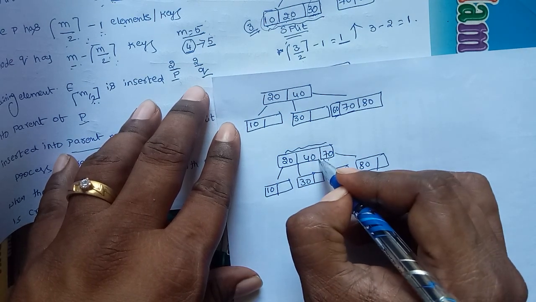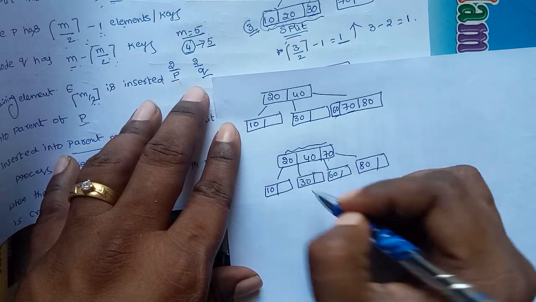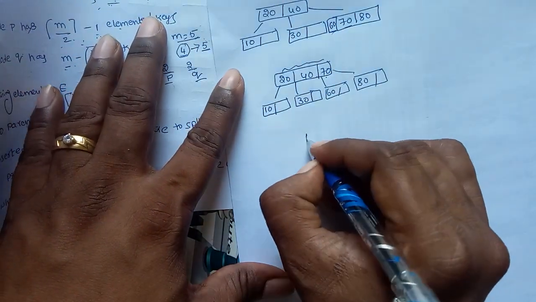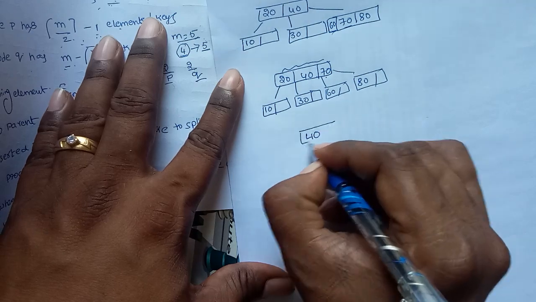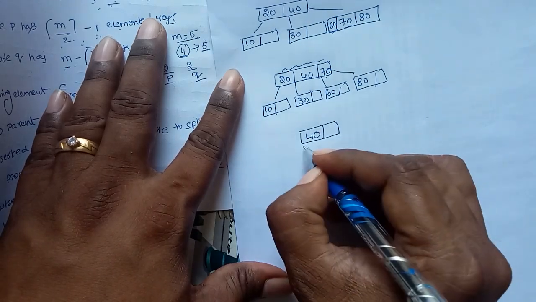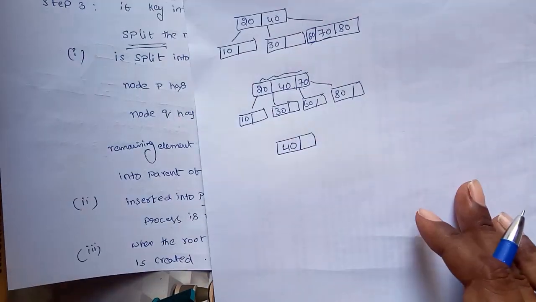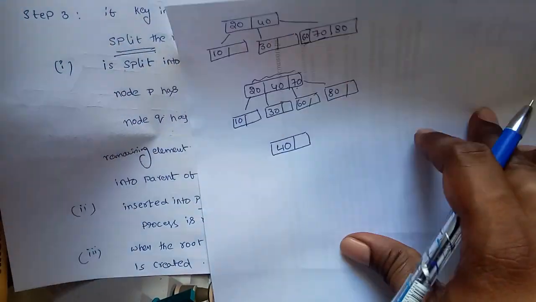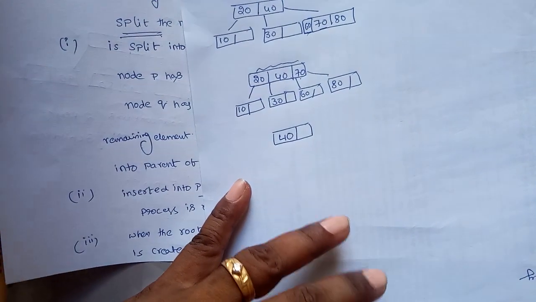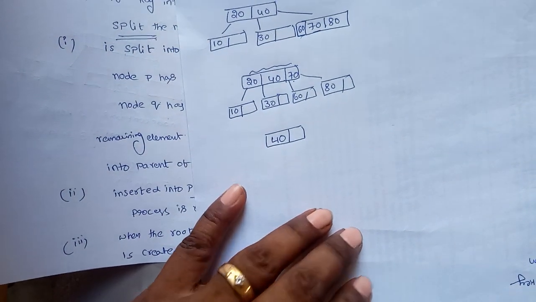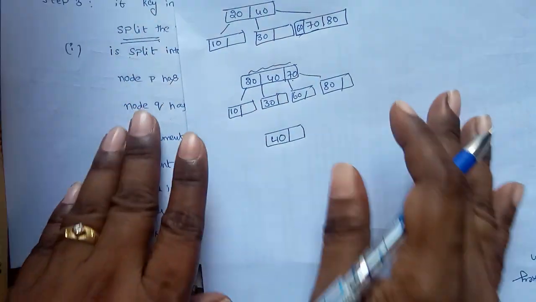Again perform the split operation. After splitting, 40 is the root element, and 20 and 70 become the left and right child.